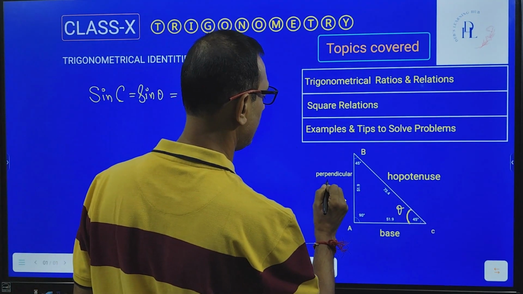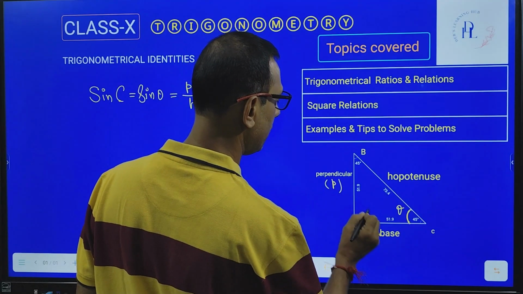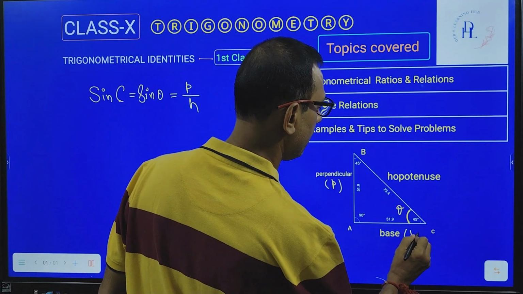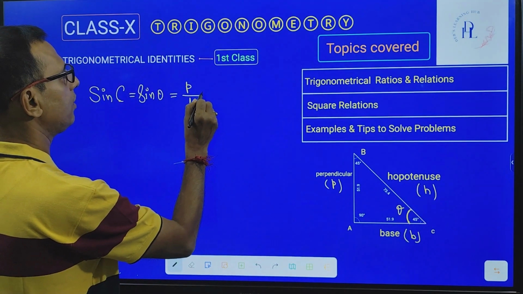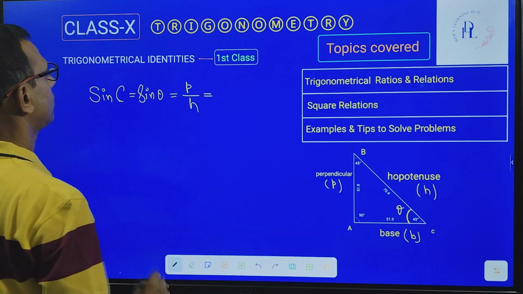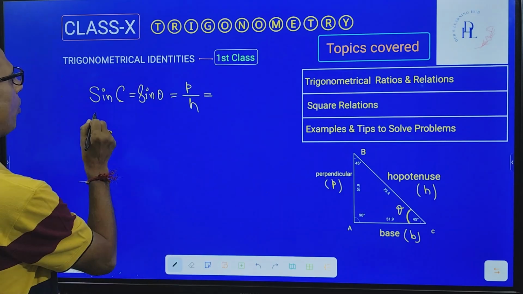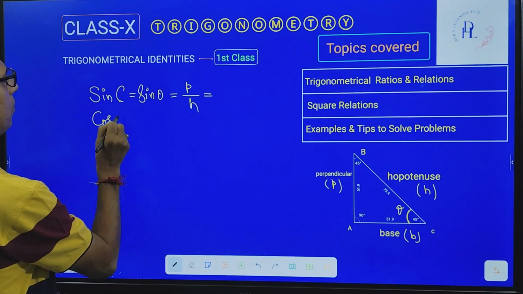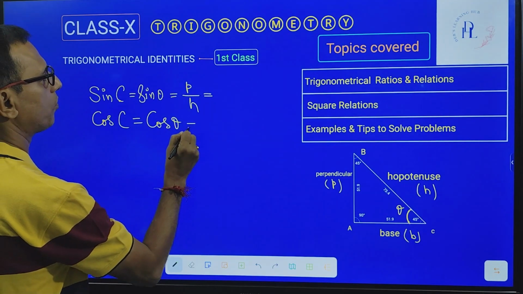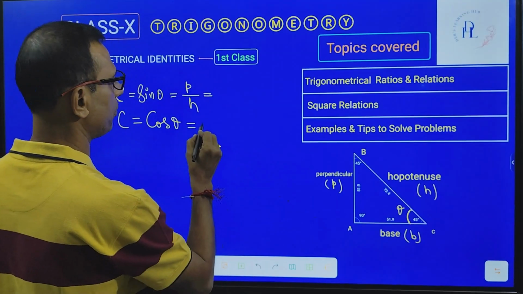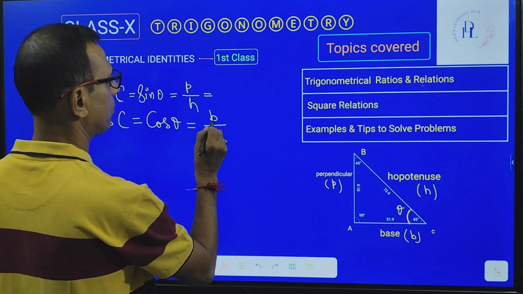So let's say I denote perpendicular with P, base with B, and hypotenuse with H, right? P by H, this is sin C or sin theta. Cos C or cos theta equals base by hypotenuse, that is B by H.